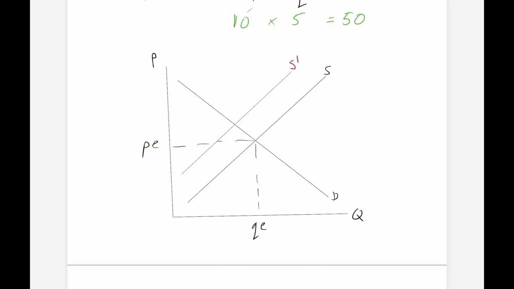We have a new equilibrium point here. We will label that PE1, and we can see that price equilibrium has increased. That means the price of the product has increased. And also there has been a decrease in quantity equilibrium.